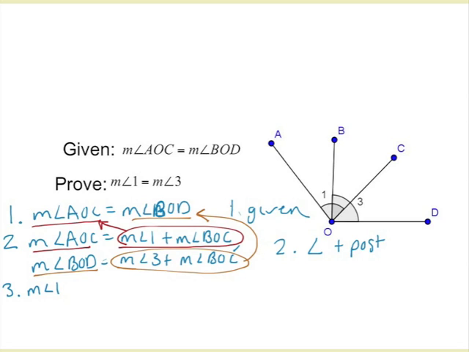So we're going to say measure angle 1 plus measure of angle BOC is equal to, instead of BOD, the measure of angle 3 plus the measure of angle BOC. Rewriting step 1, but using the names from step 2. So since it's a rewriting by plugging in new things, that's our substitution property.